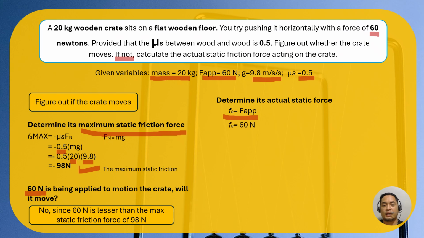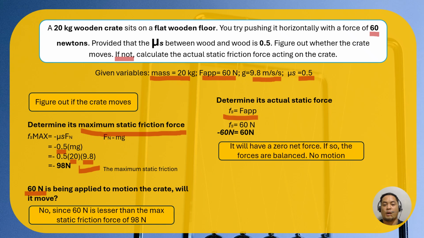So if the applied force is 60, our actual static friction is also negative 60. It's just the opposite. The direction is opposite to the positive 60 Newton applied force. And it will result in zero net force, no motion.